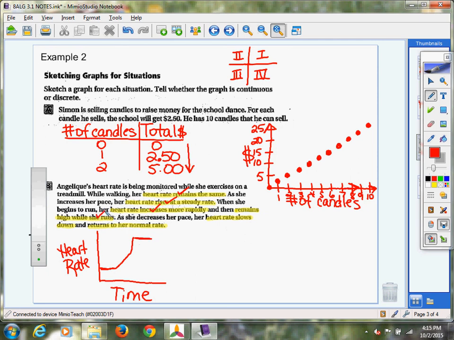Then it's going to slow down, which means it's going to go back down, and it's going to return to her normal rate. Here and here. So do you see your 6 pieces? 1, 2, 3, 4, 5, and 6. And that's really the best representation. You want to include every little piece of this so you can track it on your graph.